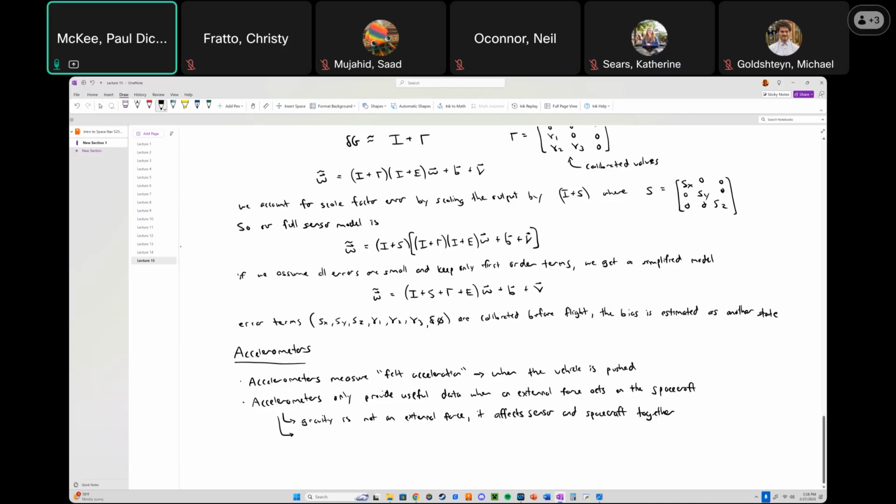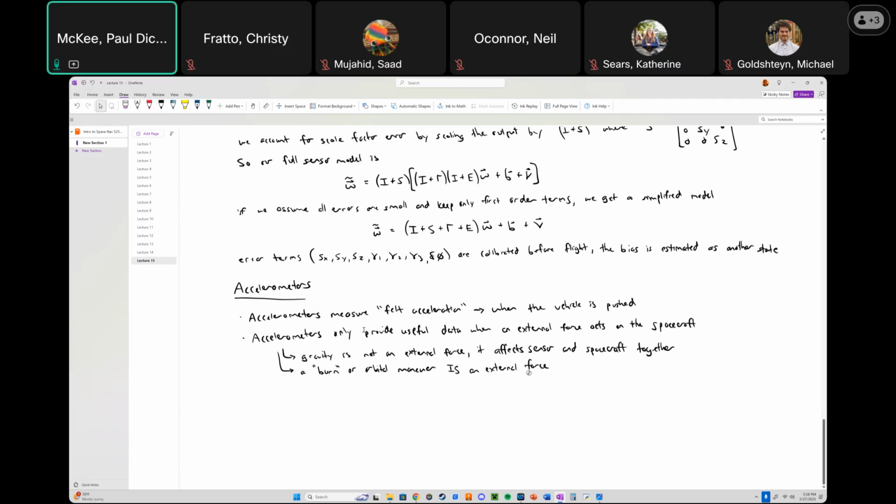All of a sudden, you have some felt acceleration. A burn or orbital maneuver is an external force. So accelerometers really only matter. Actually, I have this as my next note here.